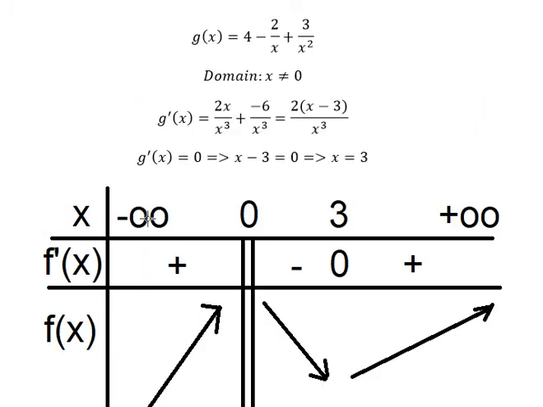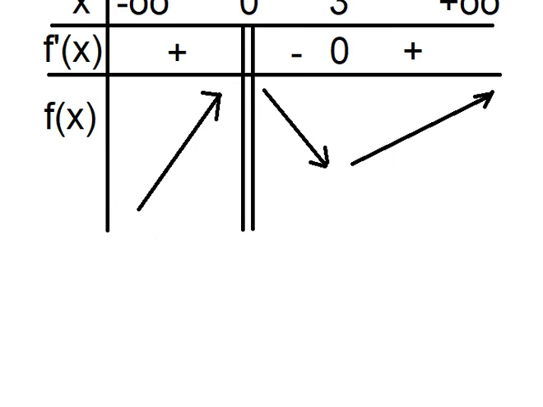If we put negative infinity, you can see that 2 divided by negative infinity, 3 divided by positive infinity, this number goes to 0 in here. So you get 4, and the location in here is 4.